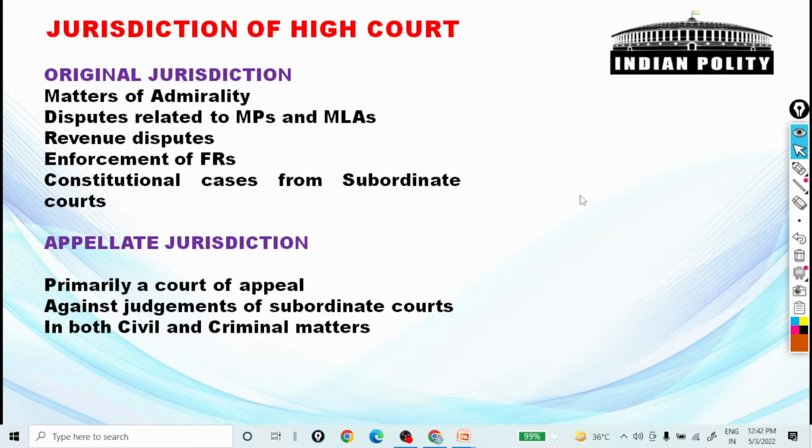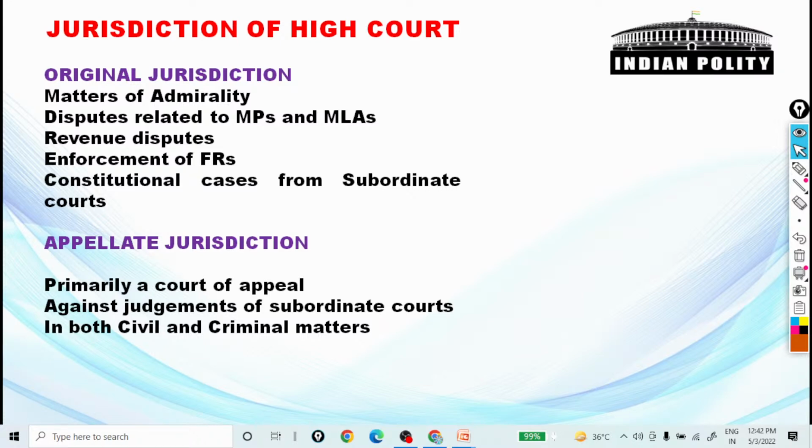So, the High Court is not a subordinate court under the Supreme Court of India, although we have provided an integrated judicial system, and the Supreme Court retains its big brotherly position in the hierarchy. Yet the High Court is not directly a subordinate court.